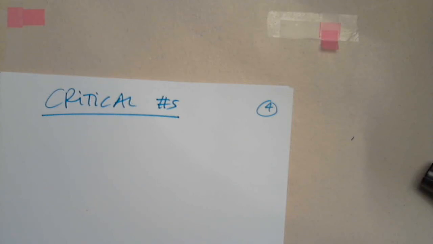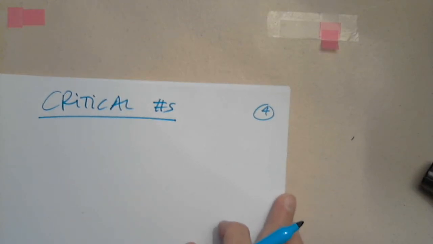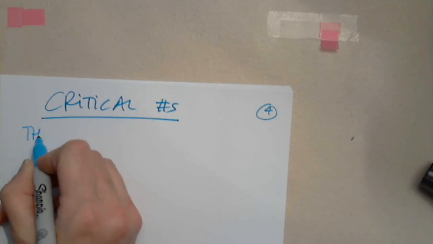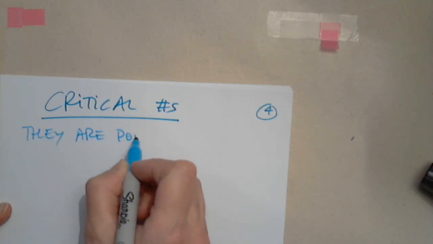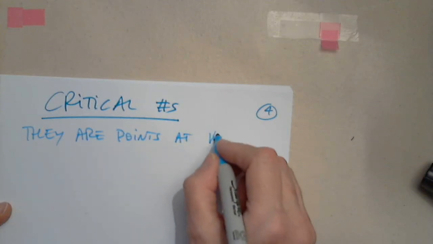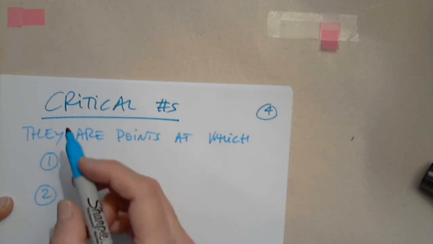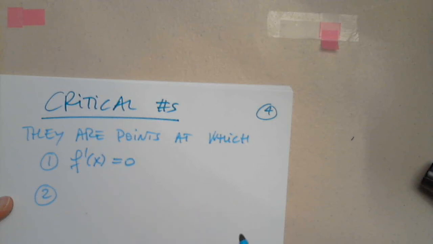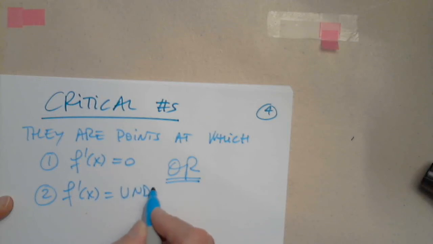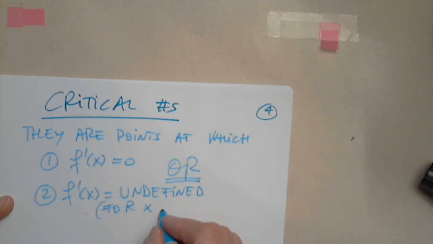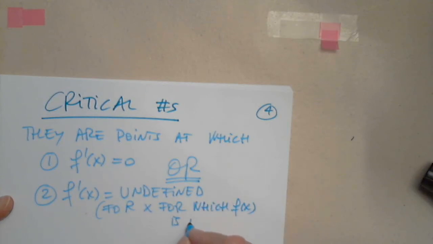Well, a critical number is a point at which one of the following can happen: f prime of x is 0, or f prime of x is undefined for x for which f of x is defined.